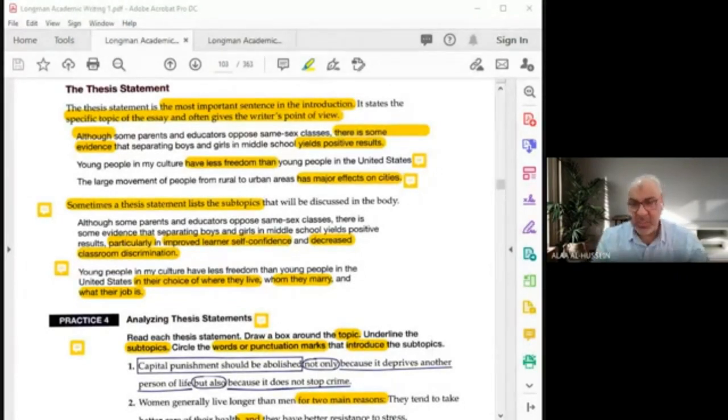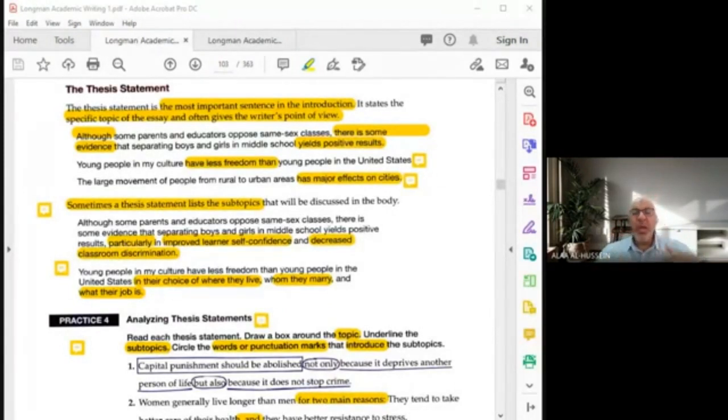Sometimes we write our thesis sentence directly without referring to the subtopics we are going to discuss in the body paragraphs. Other times we use the same thesis statement, but we add some subtopics.